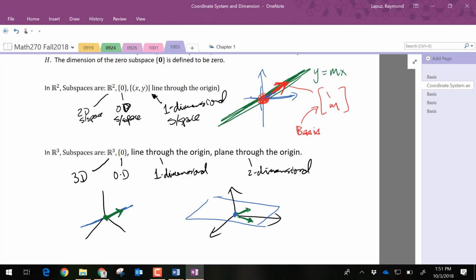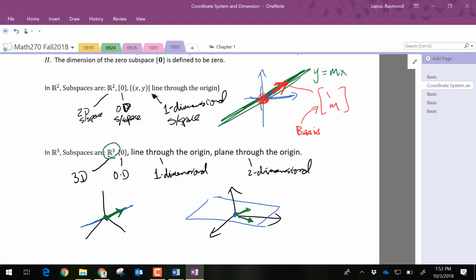Proper subspace? Well, we don't have improper per se, but we say proper to say that you have fewer elements in your subspace than you do in your original vector space. So R3 itself is a subspace, but it's not a proper subspace of R3 because it's everything.